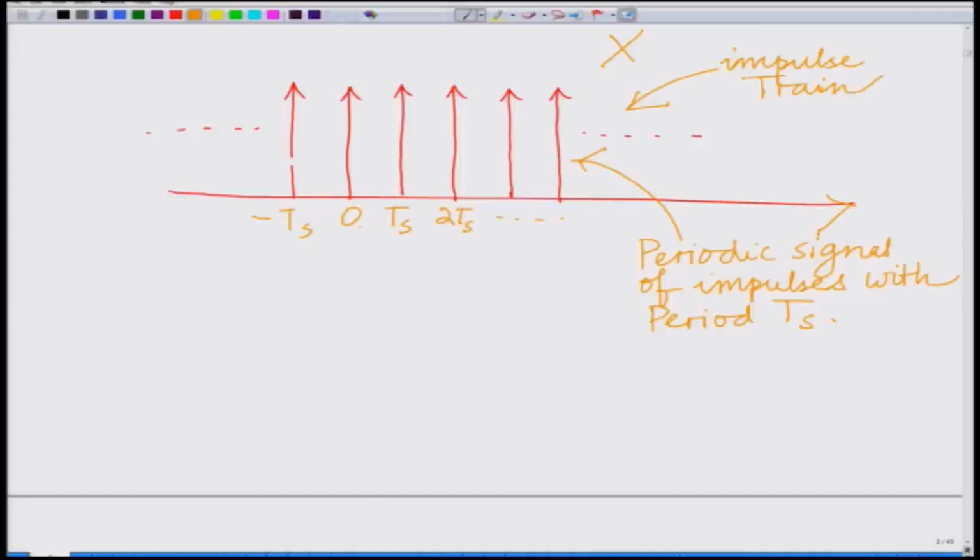When you multiply this impulse train with the signal, each impulse picks the level of the signal at that point. The impulse at 0 will pick the level of the signal at 0, the impulse at Ts will pick the level of the signal at Ts, and therefore you are creating a modulated train of impulses.